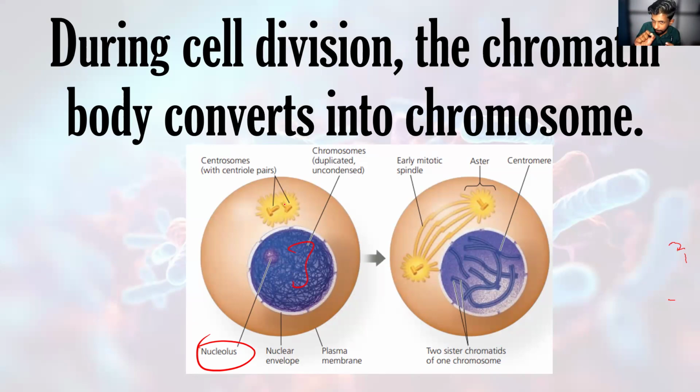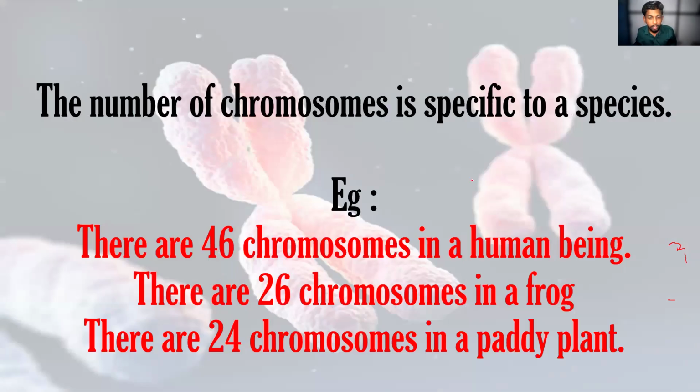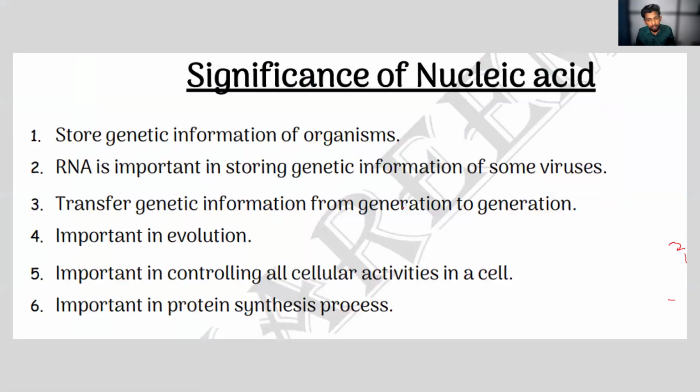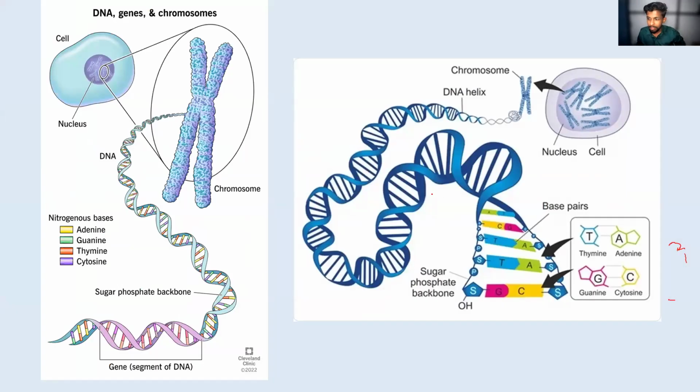That chromatin will condense together during the cell division. They will come closer and they will form the chromosomes. Sorry, not chromatin, chromosomes. This is chromatin. This one is called chromosome. Look at this picture, you will get the idea.